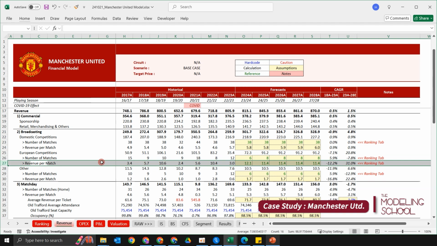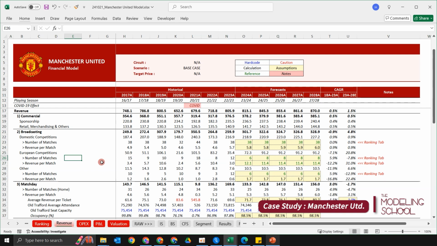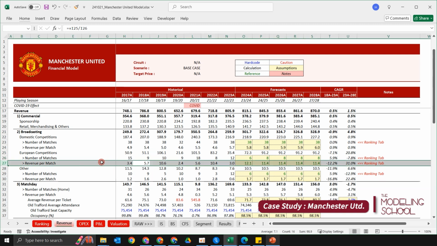And this is also interesting because the more you proceed in your knockout stage, the broadcasting revenue per match increases dramatically. And one more important factor is whether Manchester United plays in the UEFA Cup or in the Champions League. It creates a huge difference in broadcasting revenue per match.